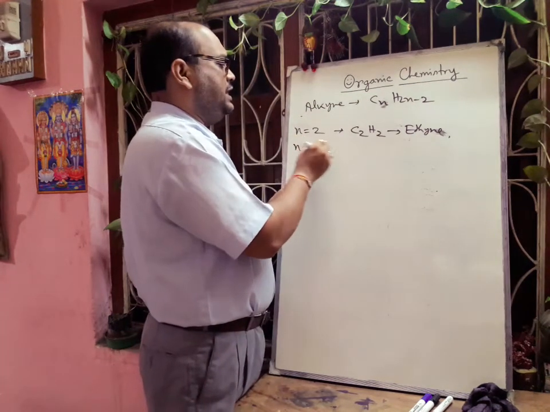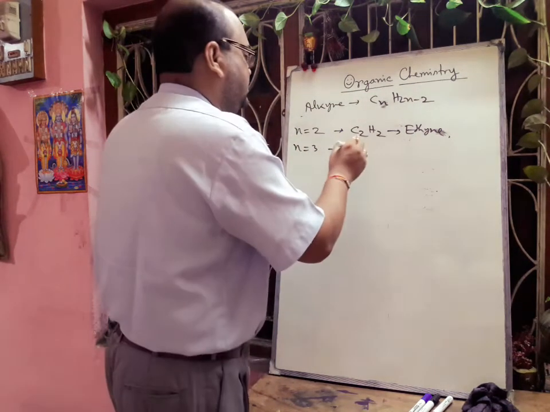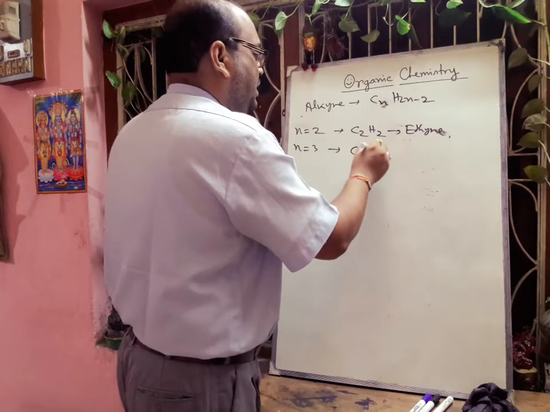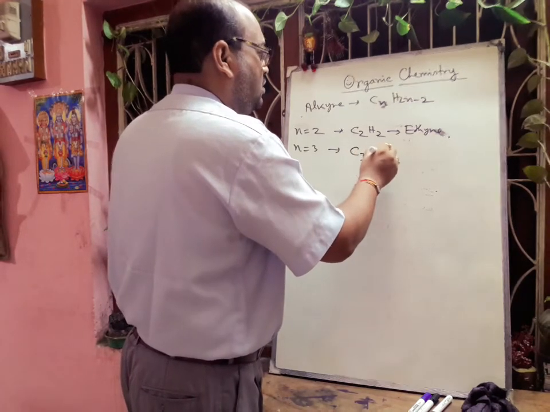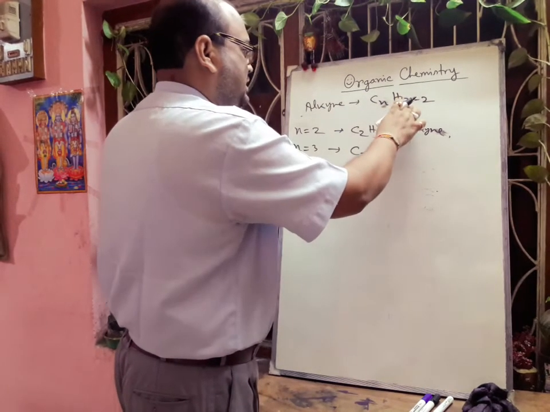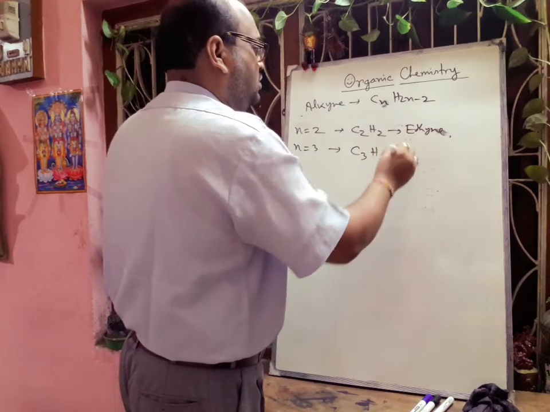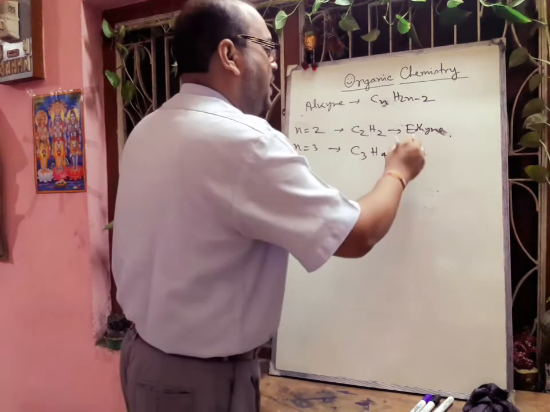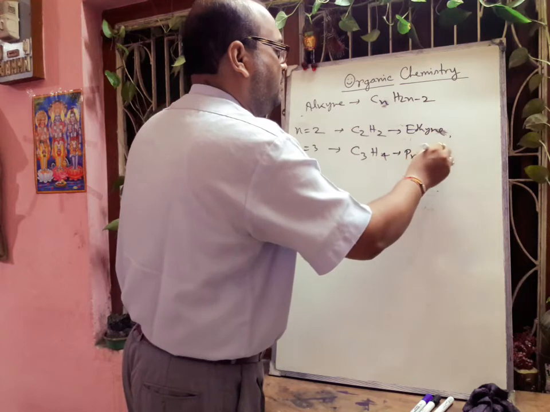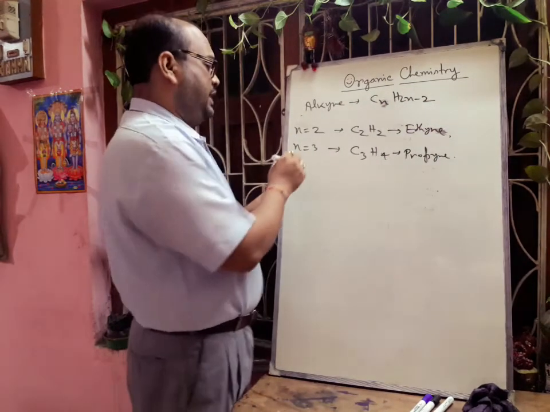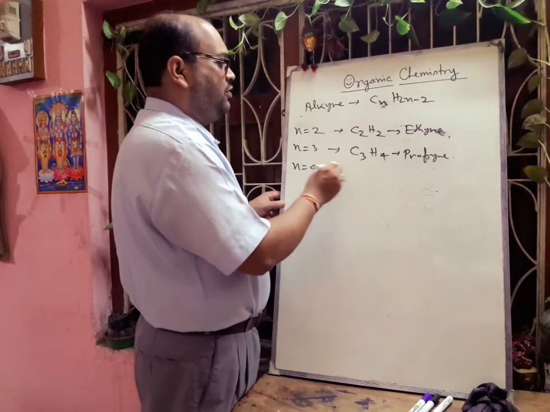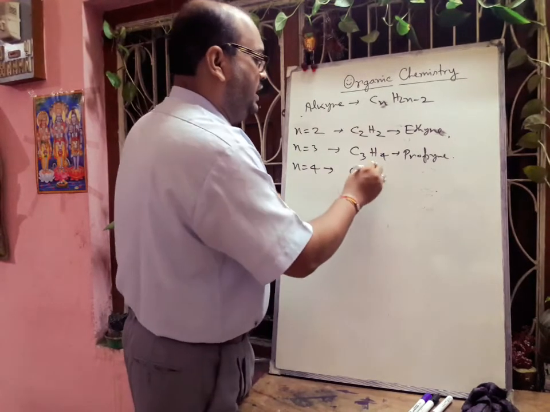When we are putting n is equal to 3, this one is C3H4. 3 into 2, 6, 6 minus 2, 4. So this one is called propyne. Okay. Next one, when we put n is equal to 4, that will be C4H6.